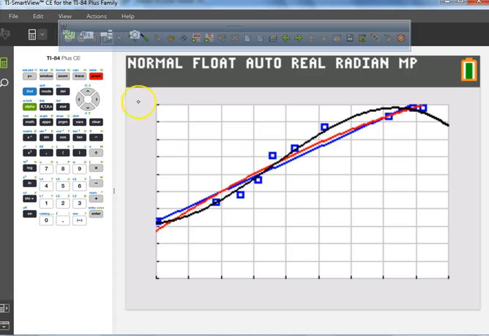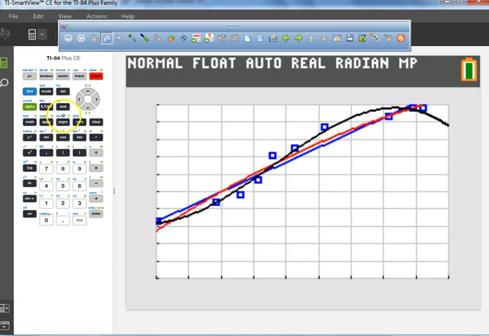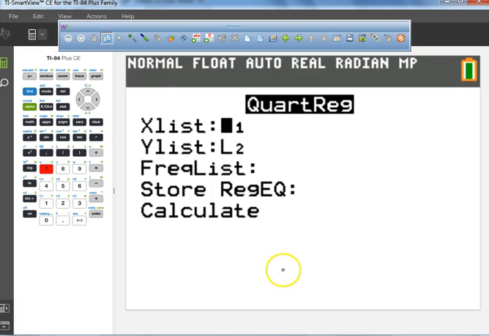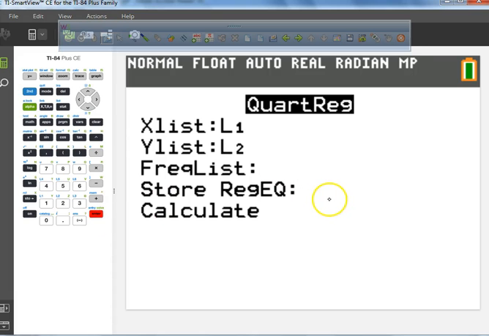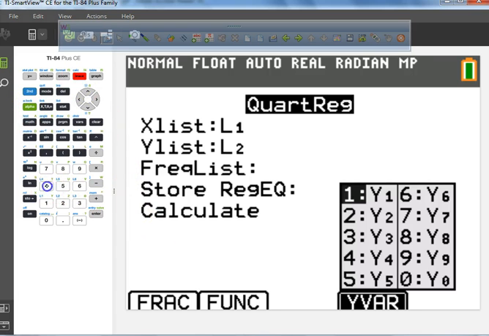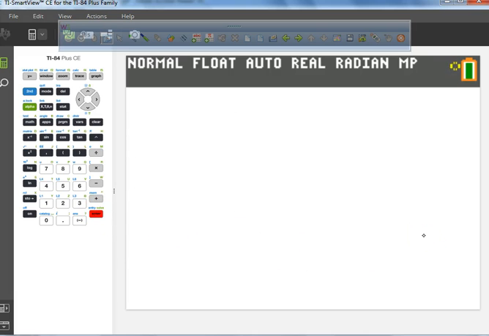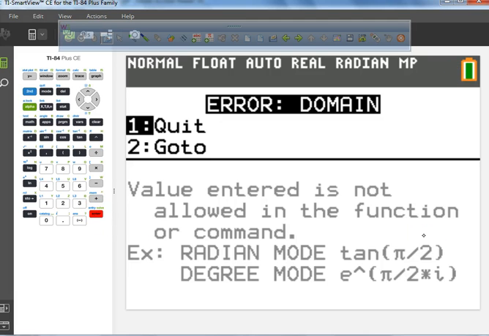Okay. Let's try the fourth one. Okay. Stat. Right arrow, let's go down to number 7. Let's enter, enter, enter. Store regression equation what? Y4. Alpha, trace, 4. I press enter, enter. Uh-oh. Look. What's wrong? Huh. The value entered is not allowed in the function or command.